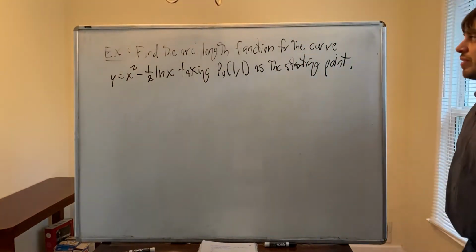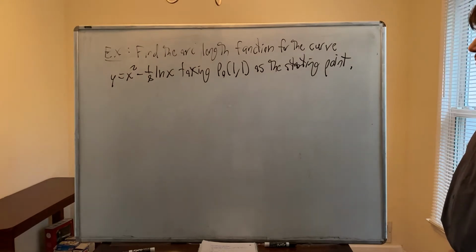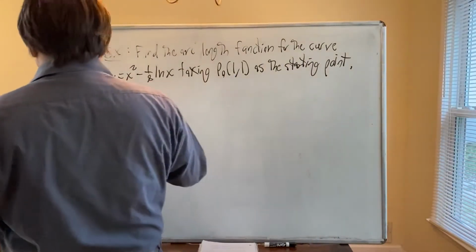Okay, so find the arc length function for the curve y equals x squared minus 1/8 ln x, taking P0 (1, 1) as the starting point. Okay, so let's do that. Solution.